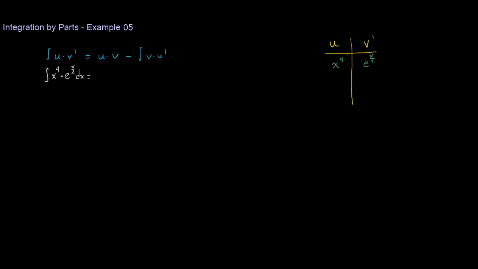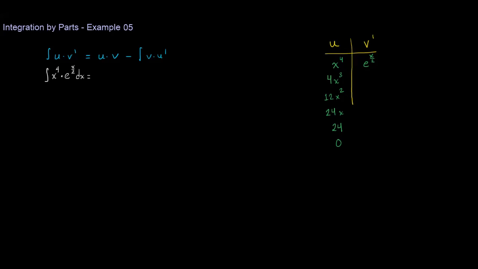So you start by taking derivatives of this expression until you reach 0. The first derivative will be 4 times x to the third. Then the second derivative will be 12 times x squared. Then 24 times x. Then the next one is going to be 24. And the next one is going to be 0.